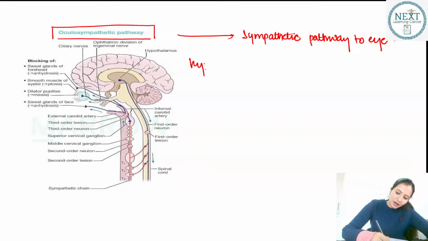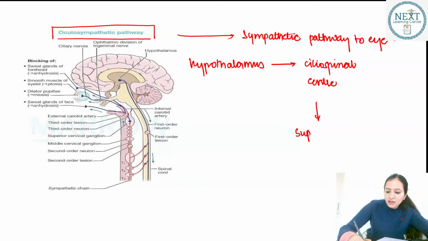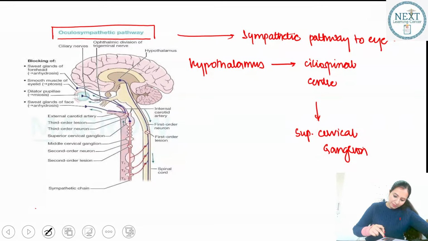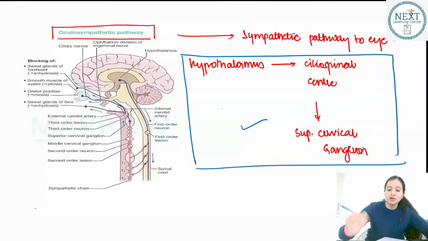It involves your hypothalamus to your ciliospinal center, then from your ciliospinal center to your superior cervical ganglion. So this pathway is your oculosympathetic pathway, and it is responsible for carrying the sympathetic fibers to your eye. Now any damage to this pathway will lead to what you call as Horner syndrome.